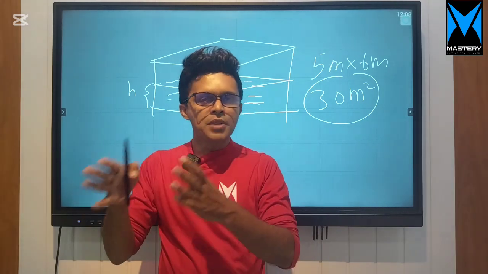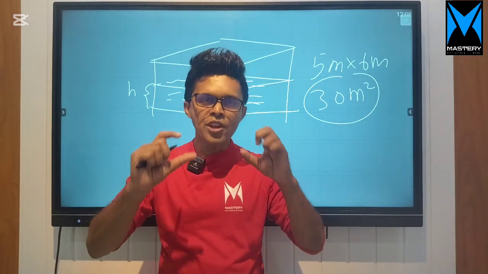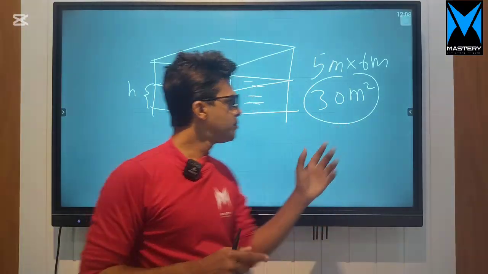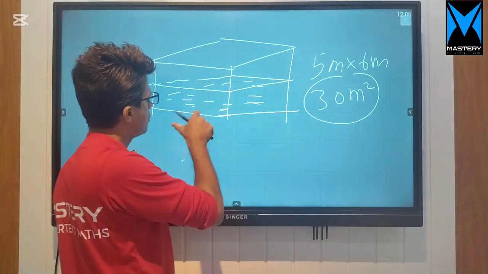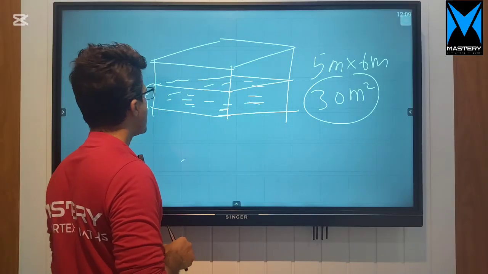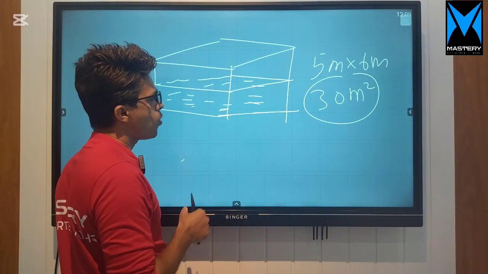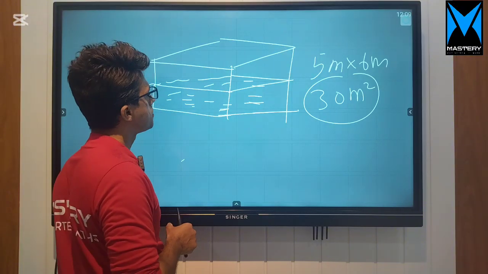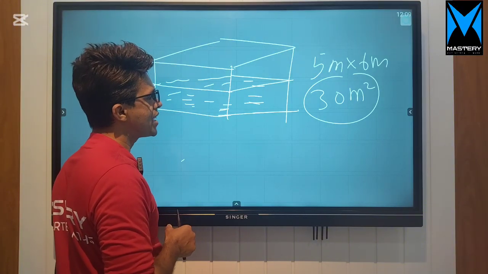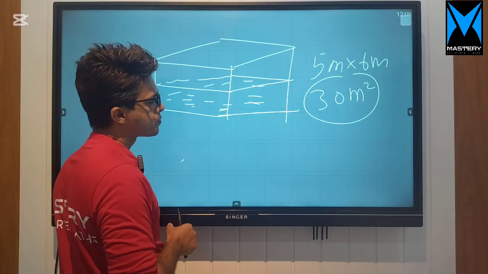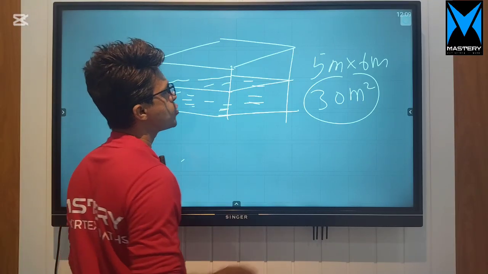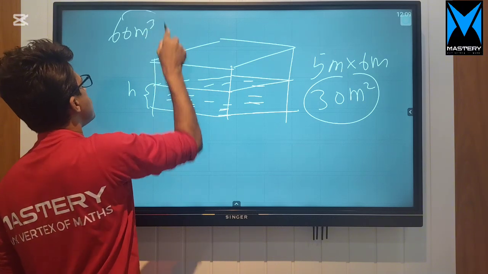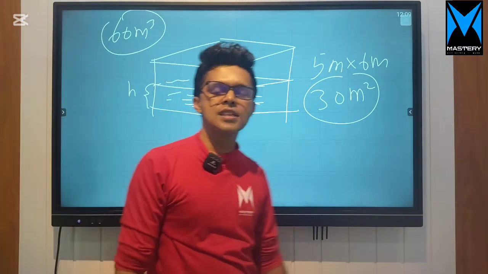We've been given the base area of this container, and it also says that the amount of water found in this container is 60 cubic meters.